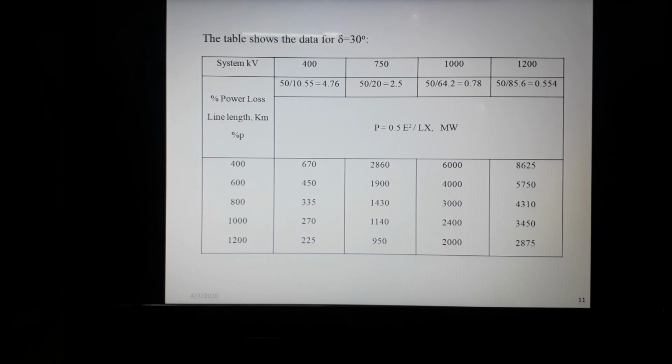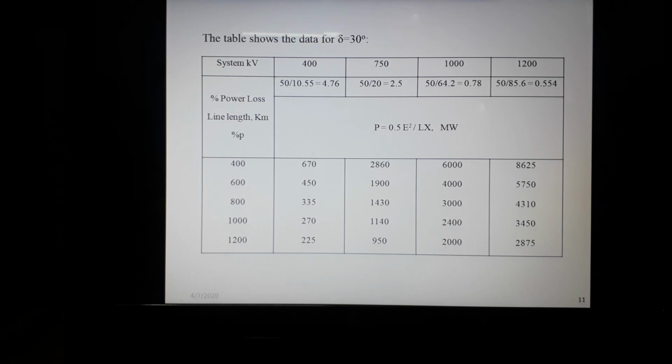It is going to reduce up to 950 for 1200 kilometer length of transmission lines. Similarly for 1000 kV and 1200 kV also. And it is clear that as we increase the system voltage levels for a fixed length of transmission line, the power handling capability is also going to increase for different lengths of lines.